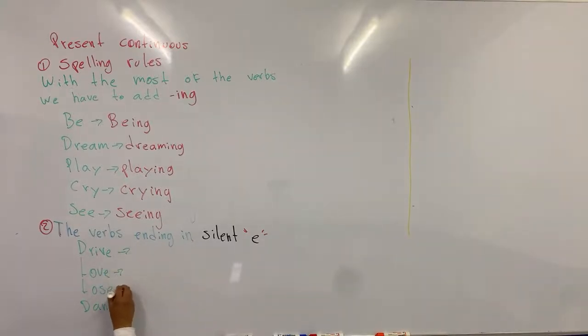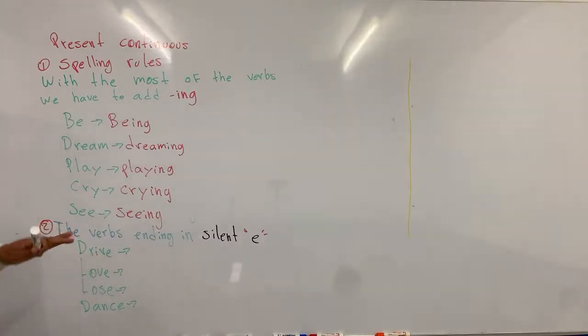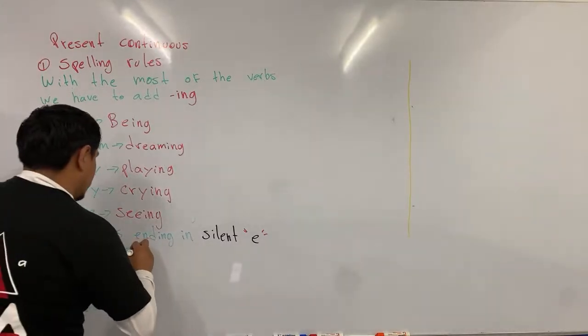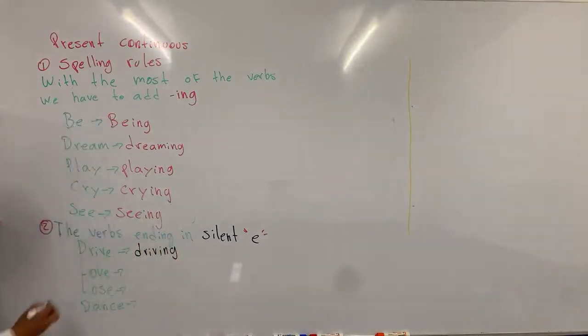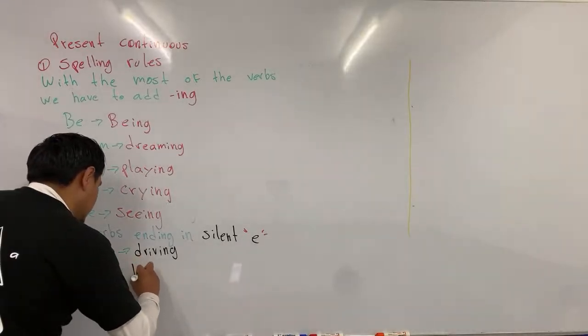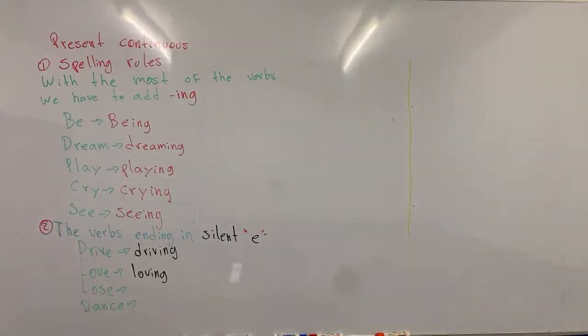Changes, in that case, we drop the vowel E and add ing. Driving, right? Loving, losing, dancing, and repeat.